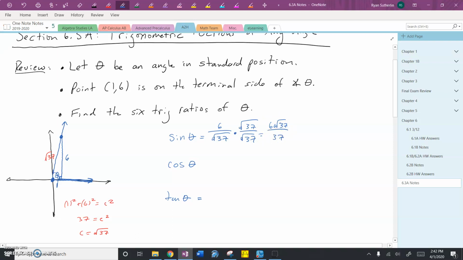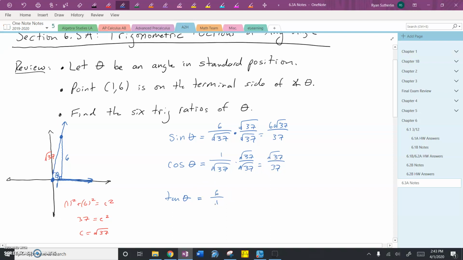So 6 root 37 over 37. Cosine would be 1 over root 37. If we do that same rationalizing with this one, we get square root of 37 over 37. And then tangent would just be 6 over 1.